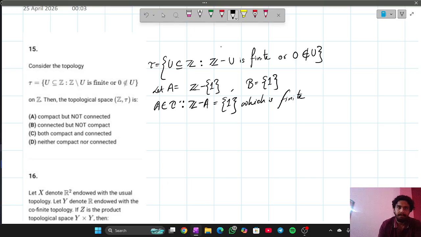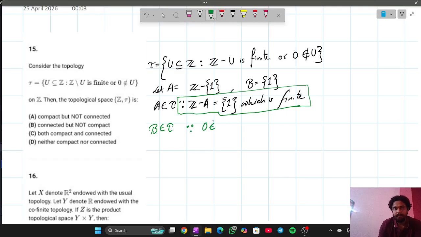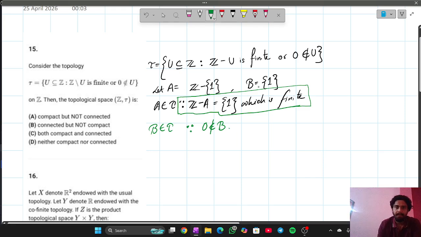Let me just put it inside a green box. So this is finite. And B also belongs to tau since 0 does not belong to B. So we have got two sets A and B, and both A and B belong to tau.